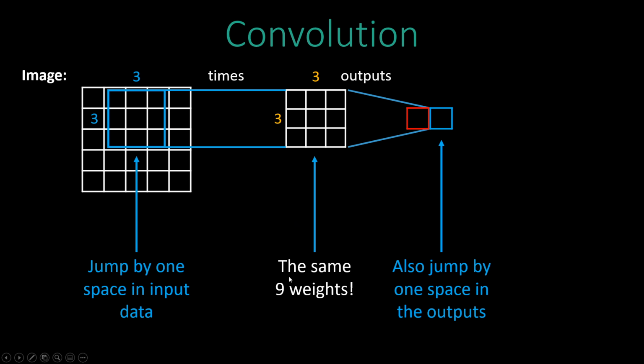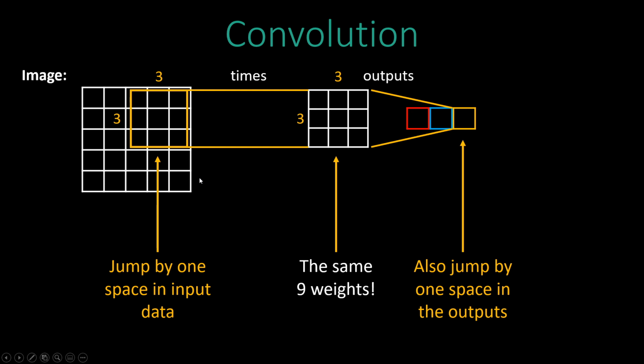We are using the same processing filter and just applying it for the consecutive frames in the original image. Okay, so we continue this way all the way until we scan the whole image.